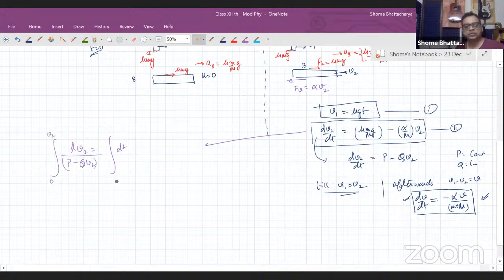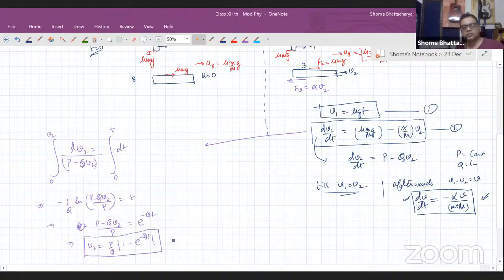So 0 to V2 times 0 to T. So P was, so P by Q over here becomes mu mg divided by alpha.